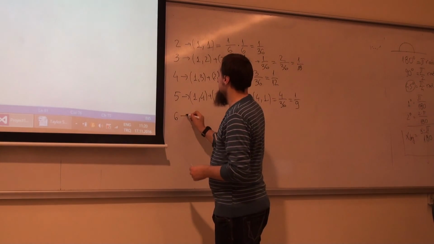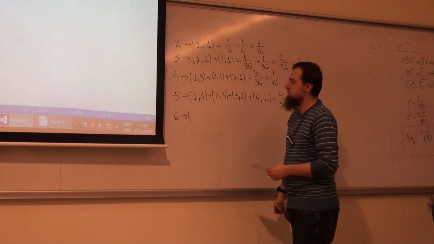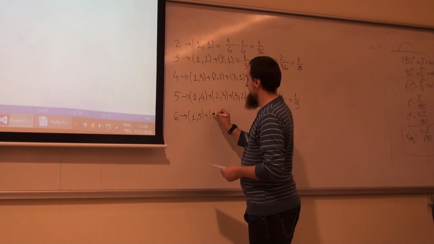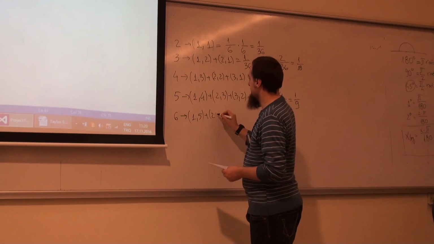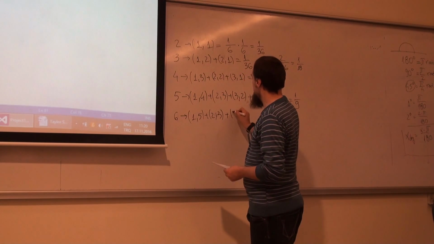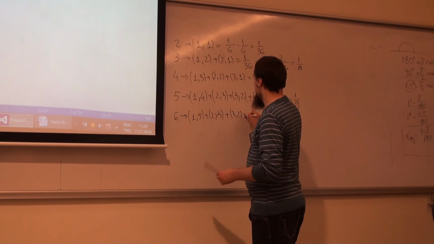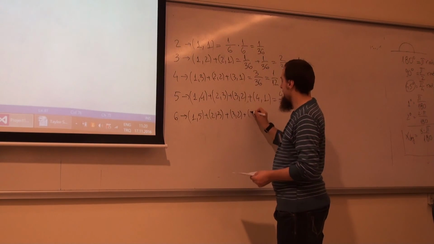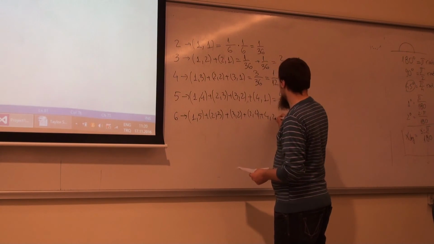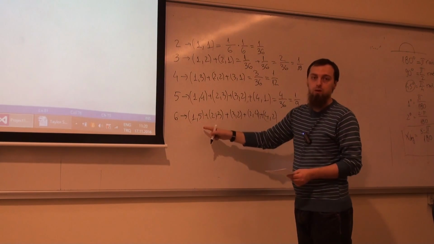To get 6, come on, it's 1, 5, 2 and 4, 3, 3. What else? 4, 2, else 5, 1.